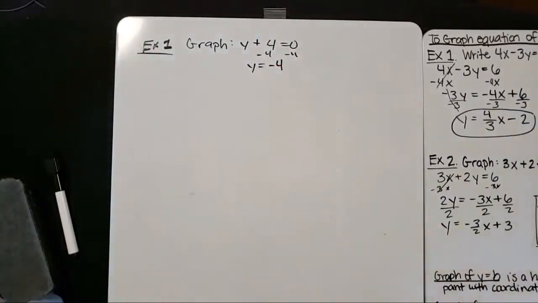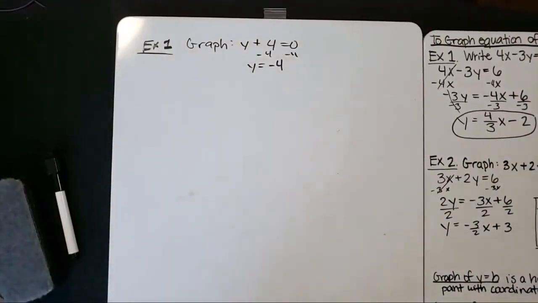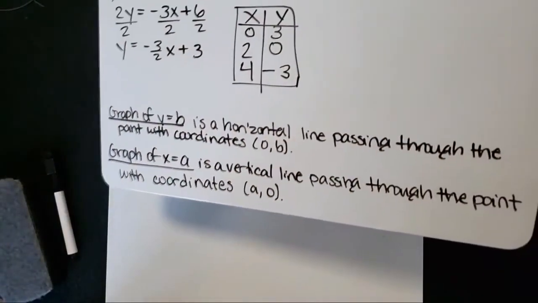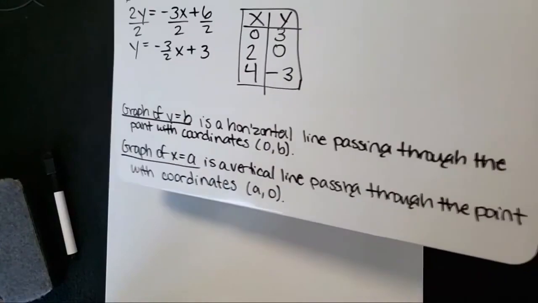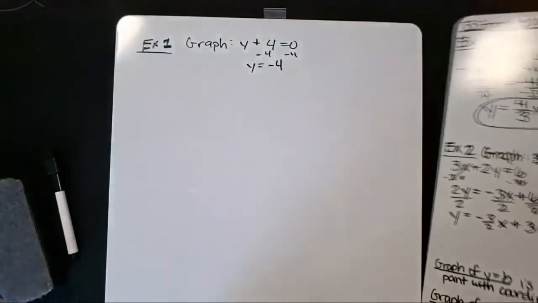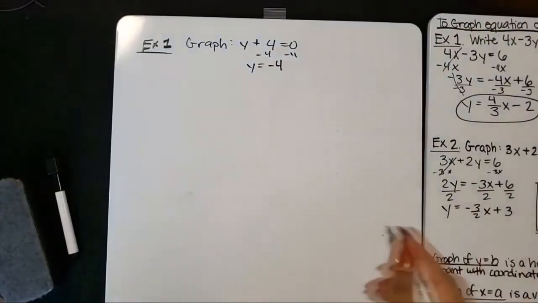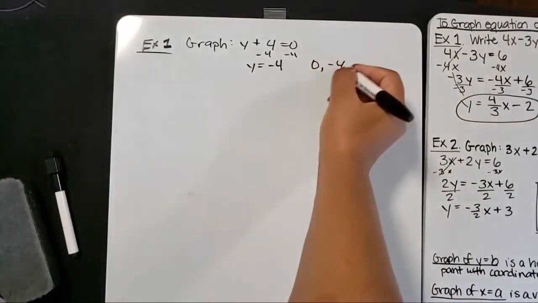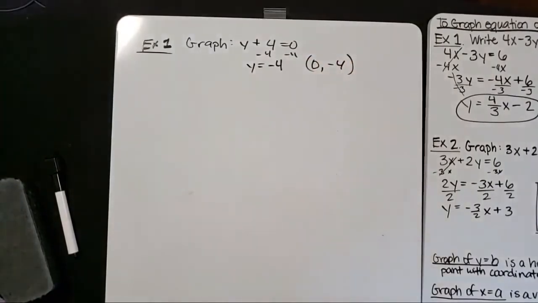Now we have y equals a number, so that lets us know that we're doing our graph of y equals b, which is a horizontal line passing through the point with the coordinate 0, b. In this case, the coordinate is 0, negative 4.